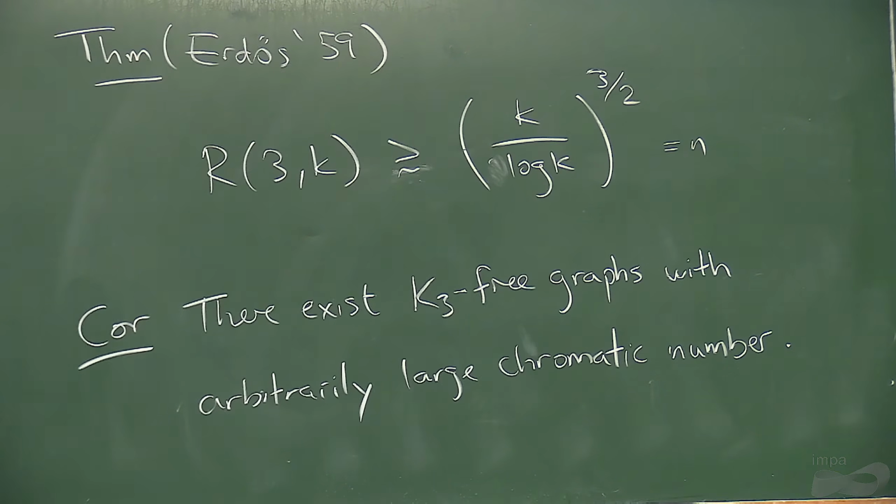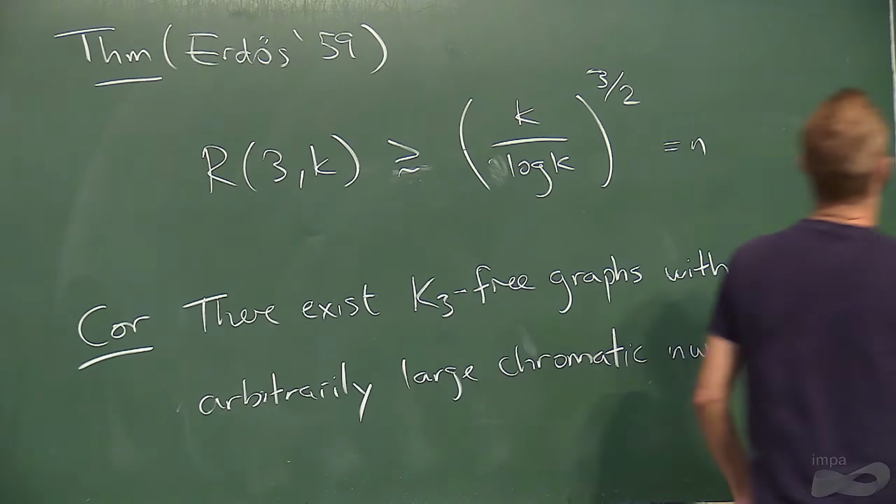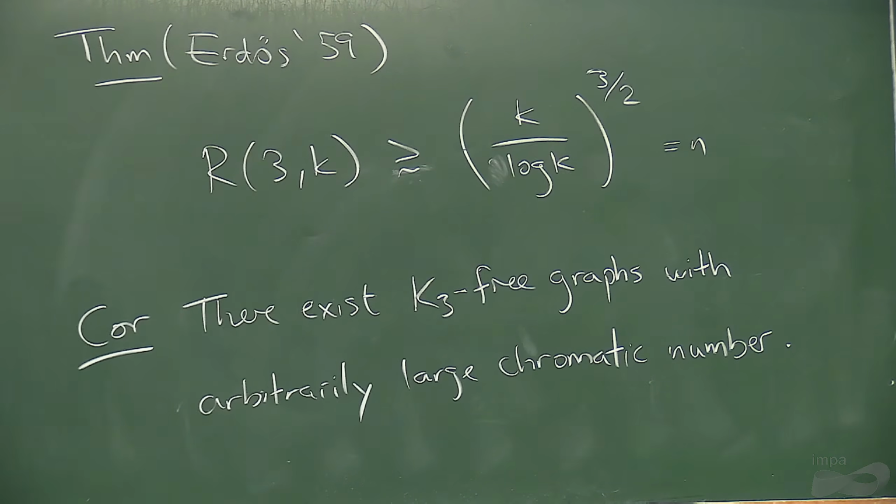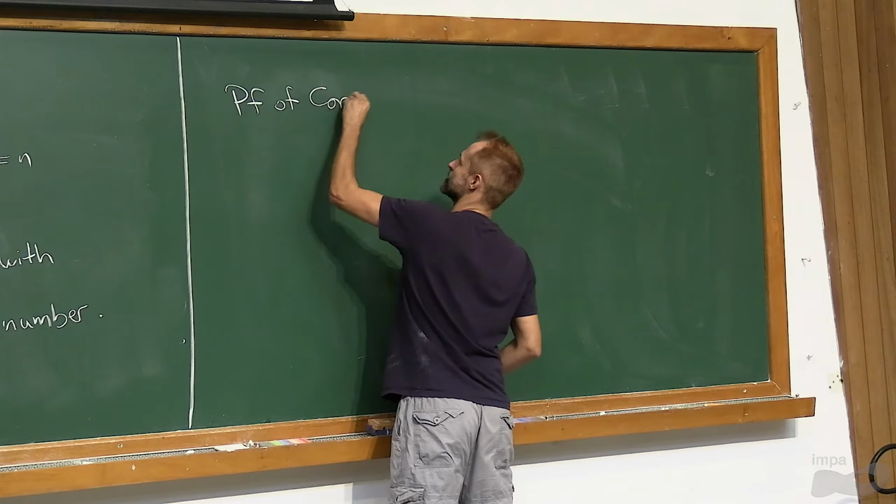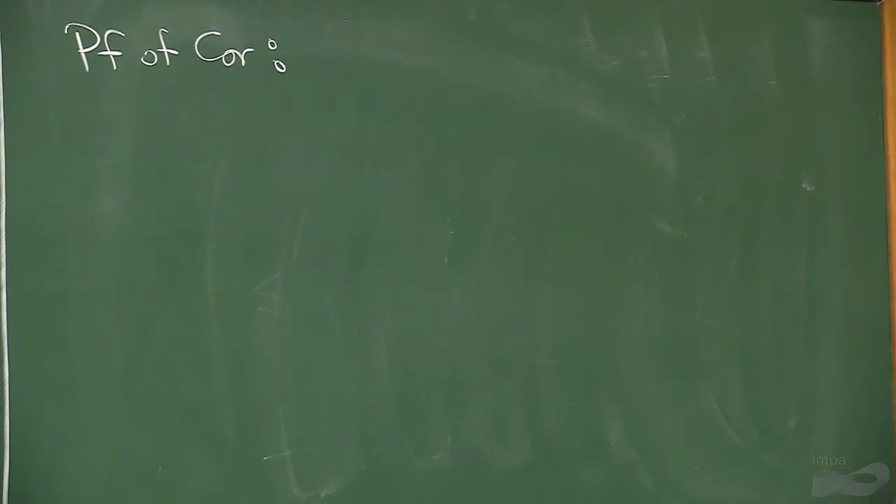So why does this follow from Erdős's bound on R(3,k)? Why does this follow from what we just proved?